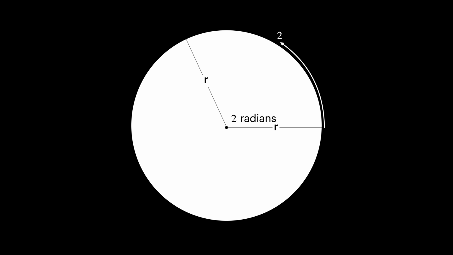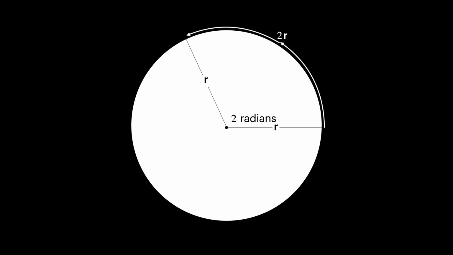It turns out mathematically to be a much more useful way to think about things very often, because, for example, the distance around the circle is going to be exactly the same as the number of radians multiplied by the radius. So if the radius is only 1, then the distance around the outside of a circle will be the number of radians.